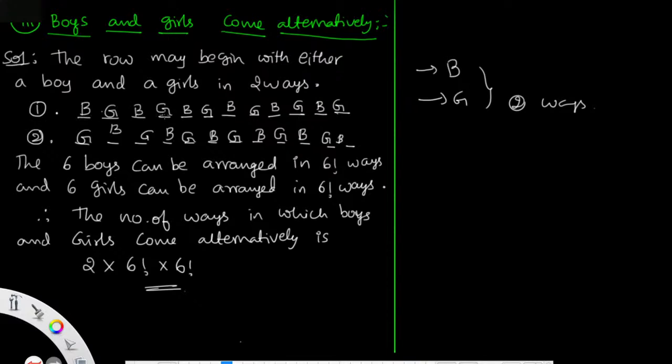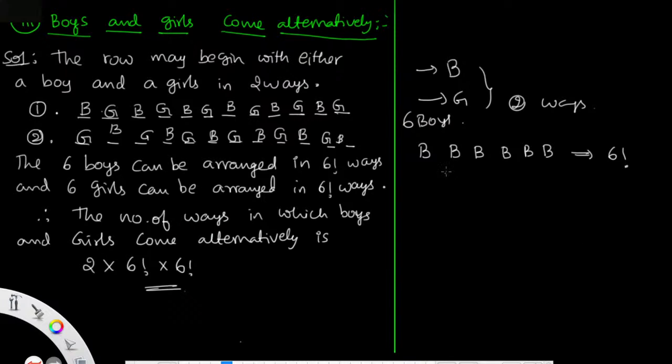Suppose boys start. In a row, you have to arrange them as boys 1, 2, 3, 4, 5, 6. There are 6 boys, so they can be arranged in 6 factorial ways.